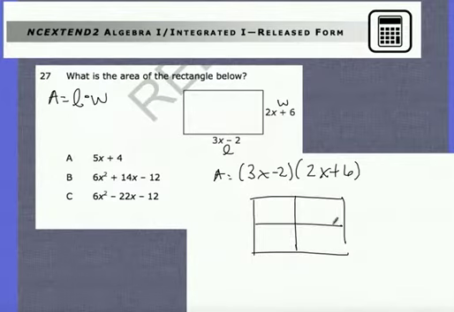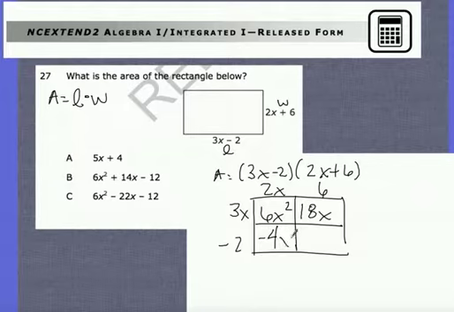we draw a box. So we would have 3x and negative 2 and 2x and positive 6. So inside the first box, we would have 3x times 2x, which would give us 6x squared. Inside the next box, remember we would do outside times the top, so 3x times 6 to get 18x. In this box, we would say negative 2 times 2x, which would give us negative 4x.